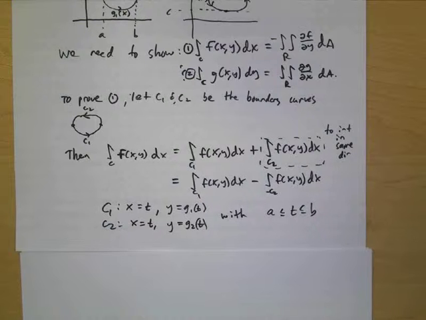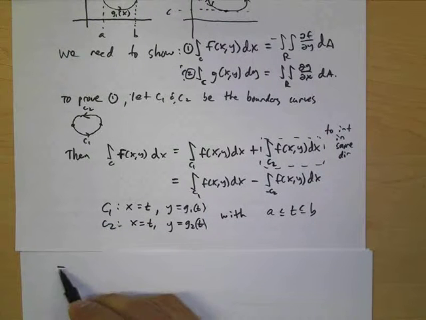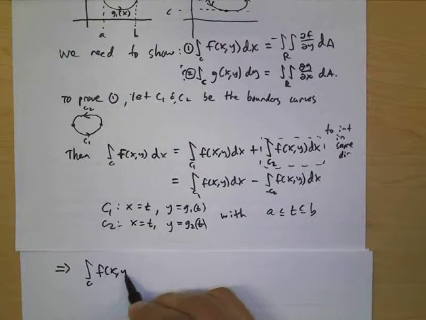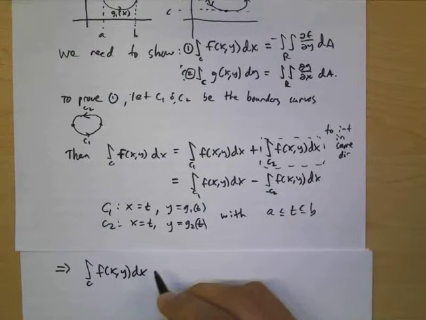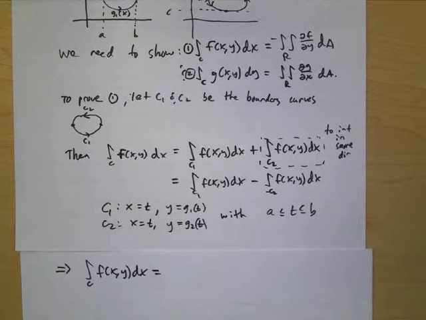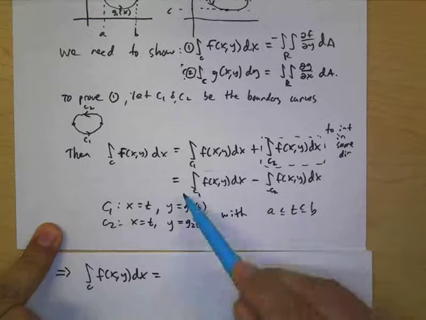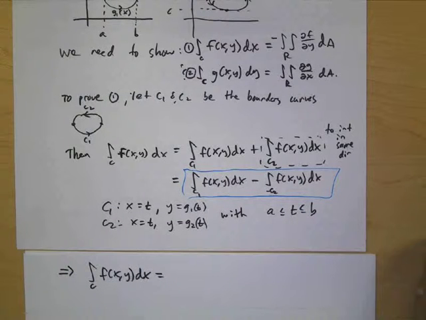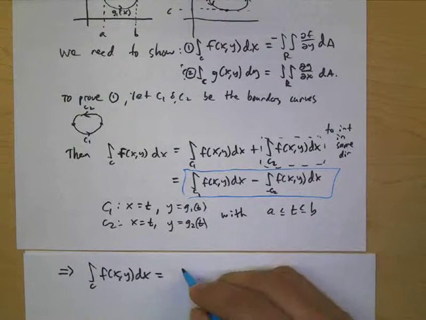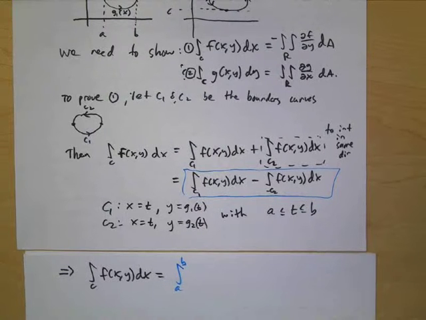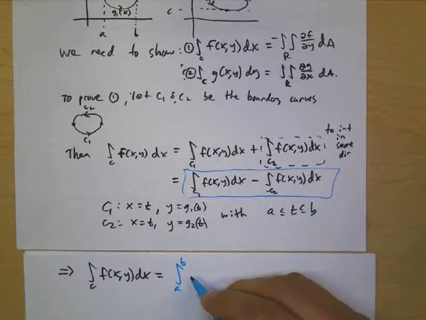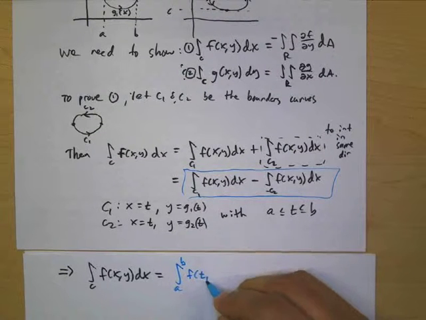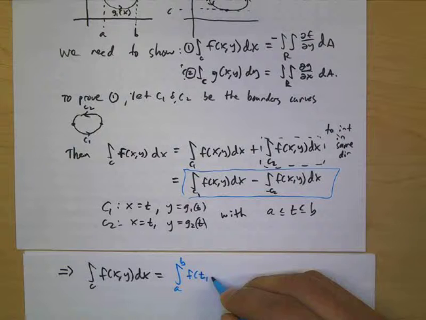So now if I plug in these values, here's where we're at currently. We know that the line integral of f of x y dx, which used to be these two things here, is now going to become the integral from a to b, plug in the parameterization, so x is going to be t, so that's f of t, and then y is now g1 of t.